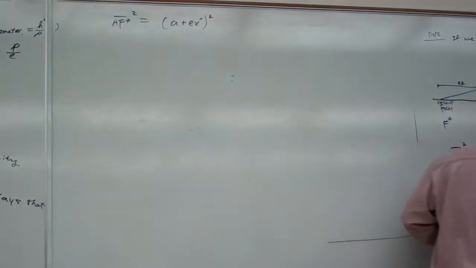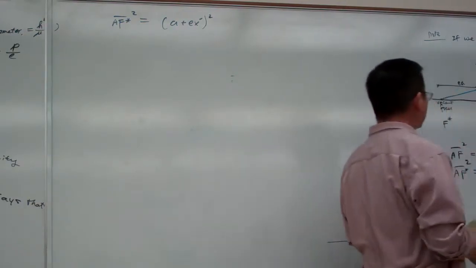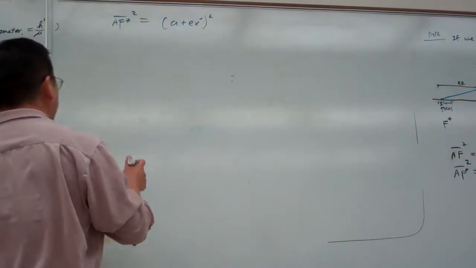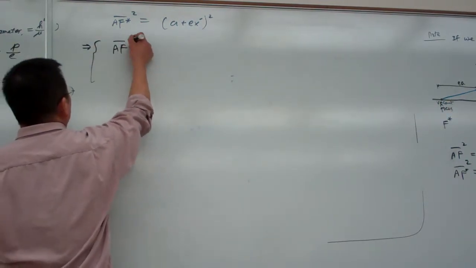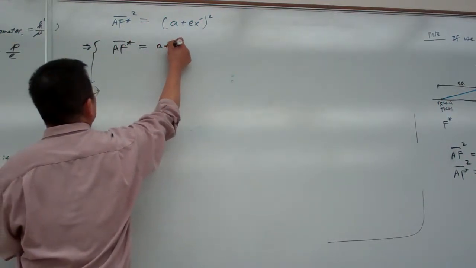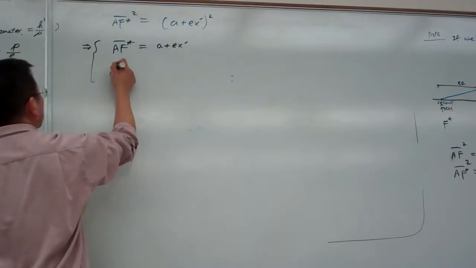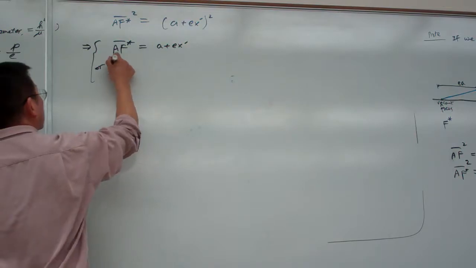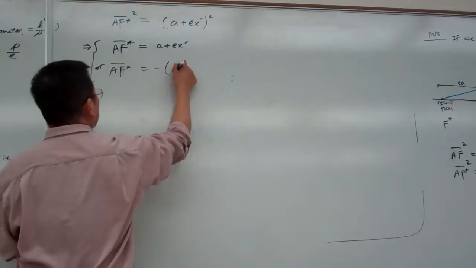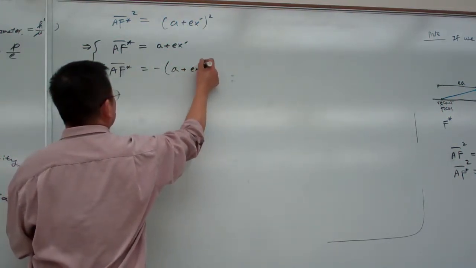This is prime here because we're still using prime. So here we have two possibilities, and AF star can be this one, or AF star equal to minus a plus ex prime.